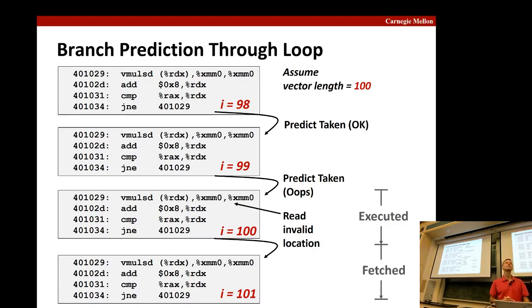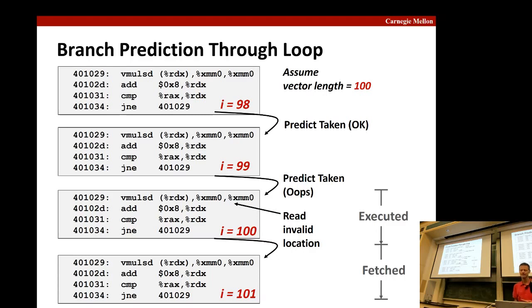So a good example is always a loop, okay? Or can be a loop. So here, if you think about it, if I have a loop, then if I loop through something n times, and then I drop out of the loop, if I always predict that I'm going to loop back, I'm going to be right all but one time. Right?